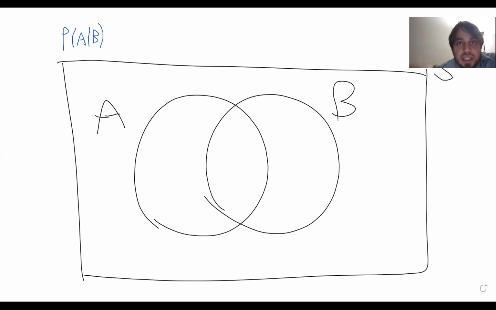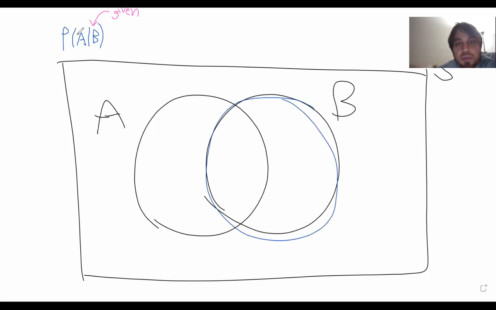Since you're given B, you're assuming that B happens. So your space becomes all B. Now you're only looking inside of B. There's nothing other than B now.